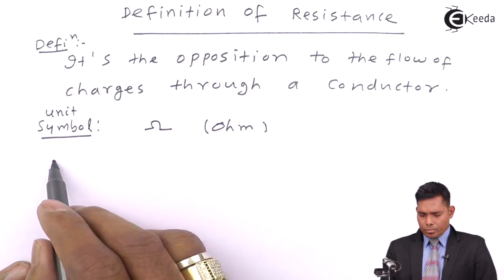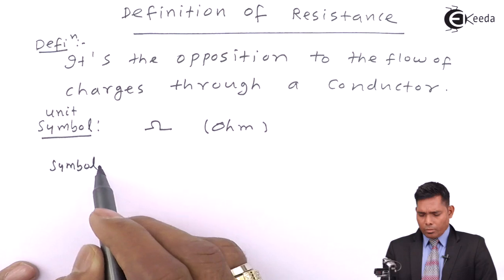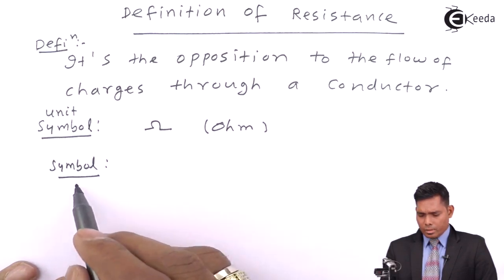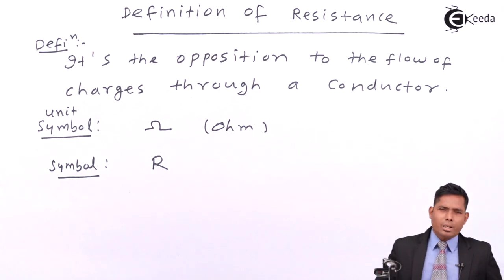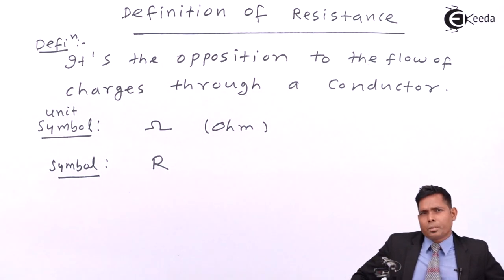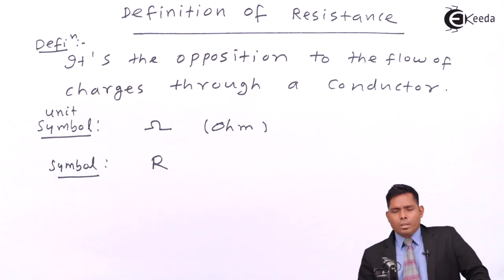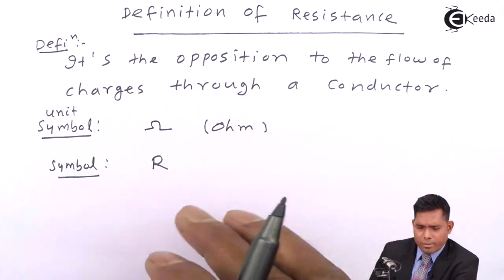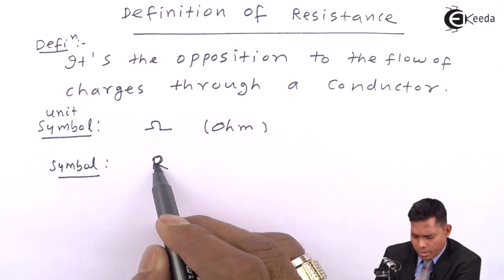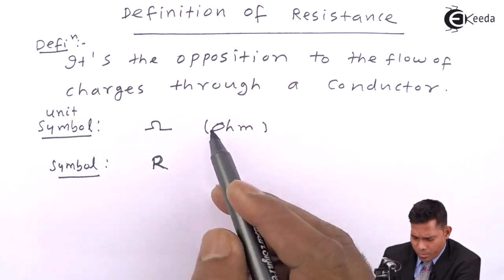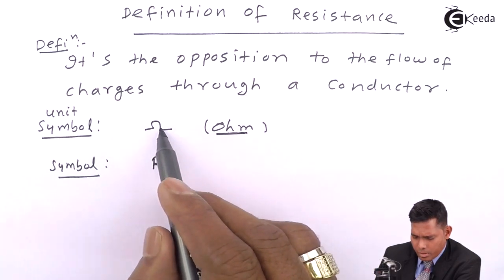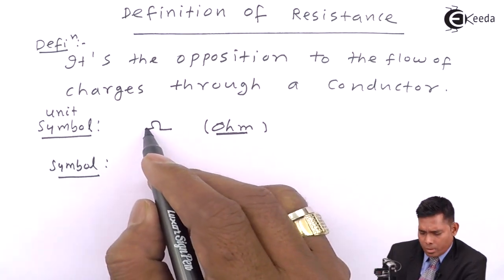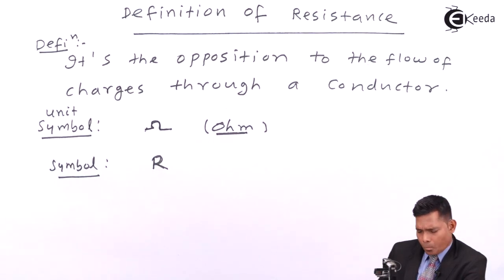Now the symbol for resistance is R. Mostly it is R. You can take capital R, you can take small r, you can take P, Q, whatever you want. But in this 11th standard we will use only R. R for resistance. This unit is ohm. Symbol is sigma.